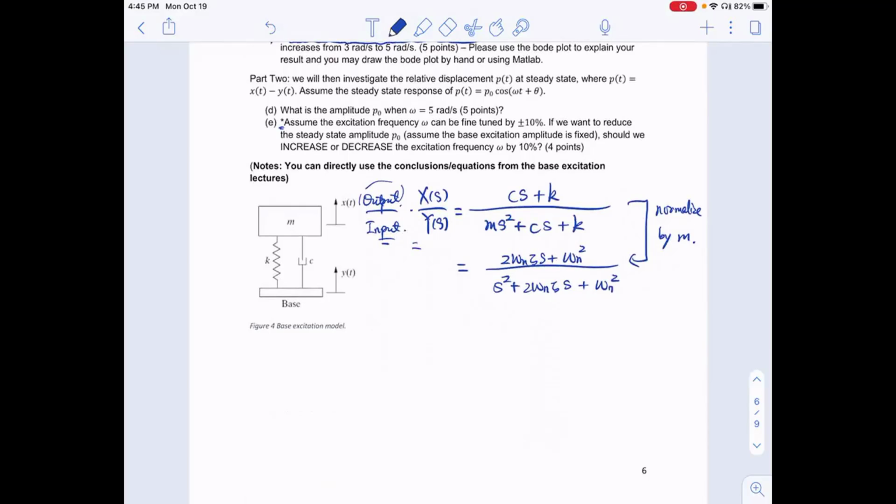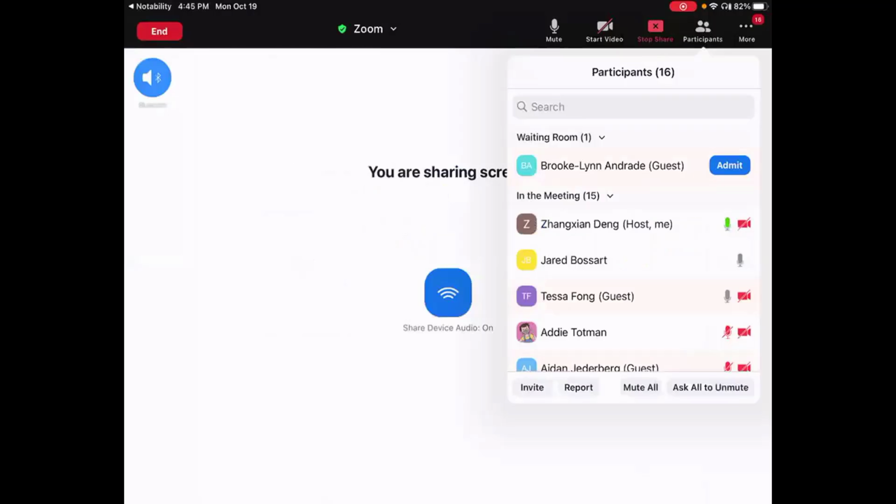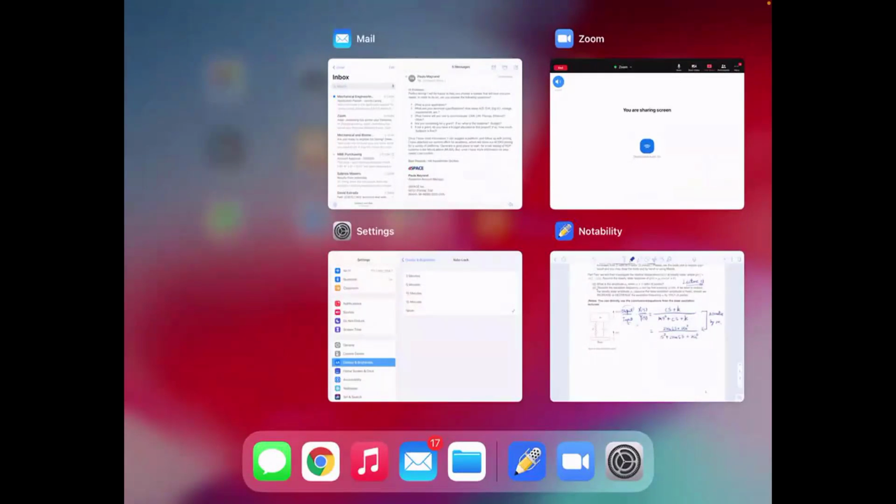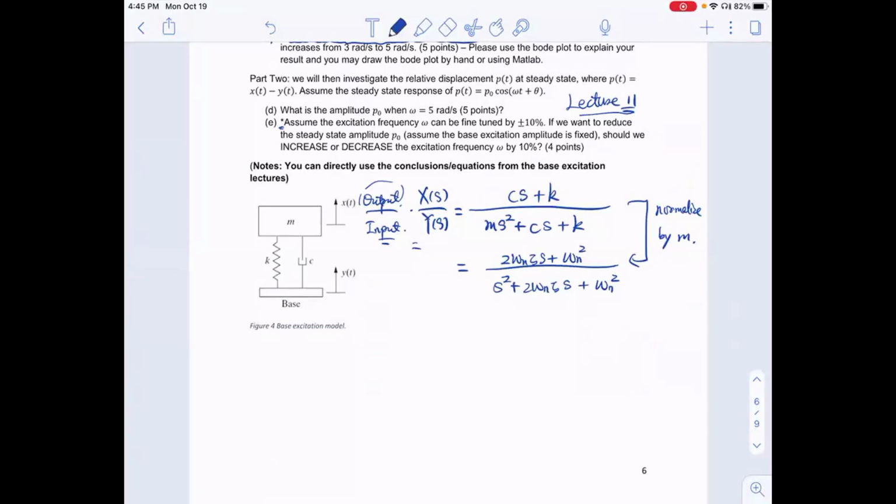So if you go to, I think, lecture 11, right? I might have it wrong. I think it's lecture 11. So over there, we talk about base excitation. Give me a second. I think let me double check.